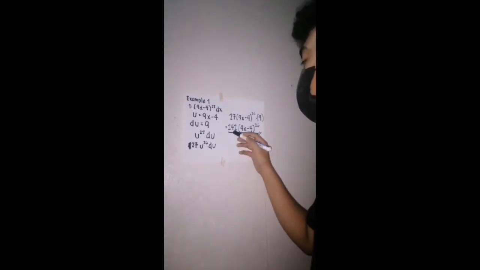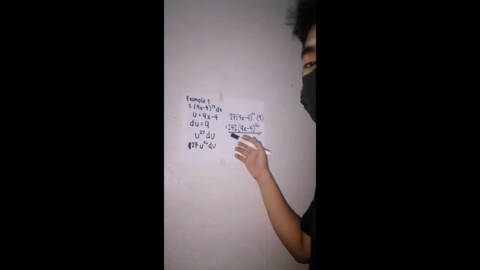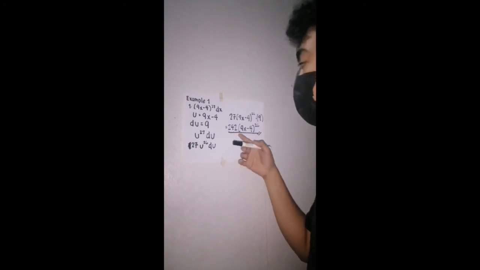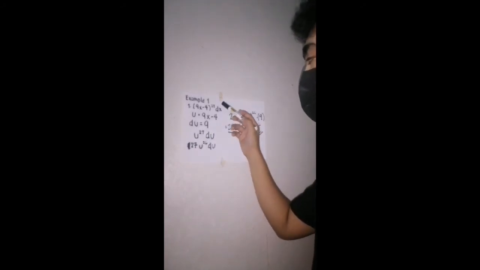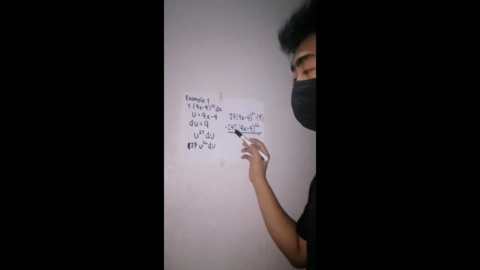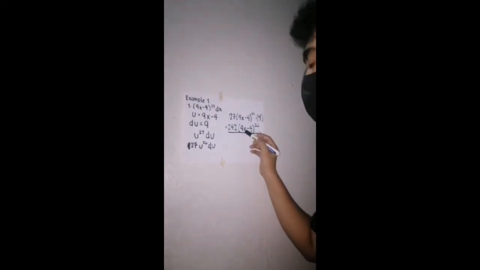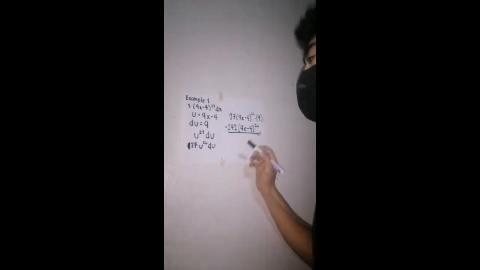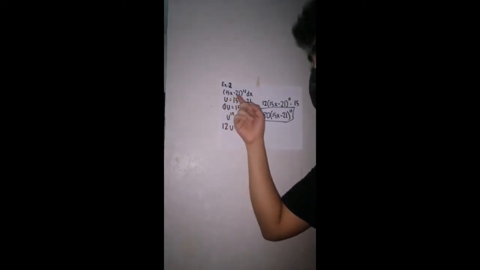So, in example number 1, we find the derivative of (9x minus 4) raised to 27. We got the answer of 243 times (9x minus 4) raised to 26.